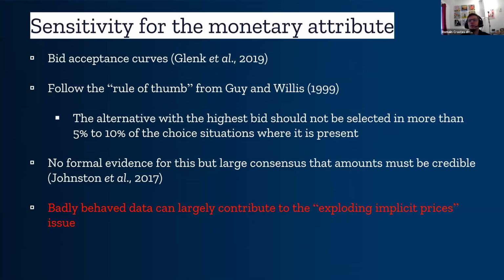Otherwise, that suggests that your respondents are actually price insensitive. And we have selected data sets which have in fact a percentage of choices selected higher than 10% for the highest bid, because we want to test the effect of these badly behaved data on the exploding implicit price issue.